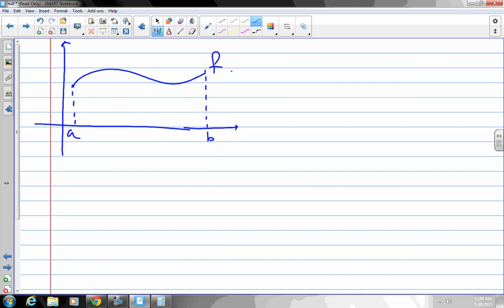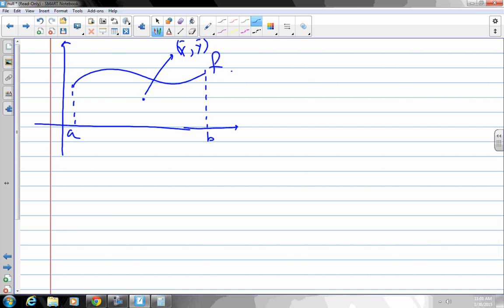So, how do we treat problems like this in calculus? Again, if I'm trying to find something that I'm not entirely familiar with, chunk it up, right?